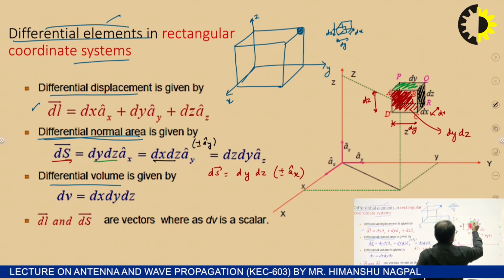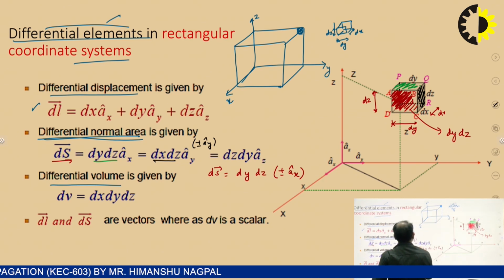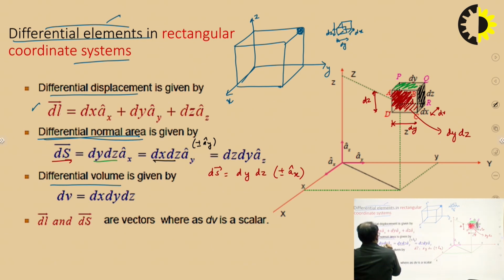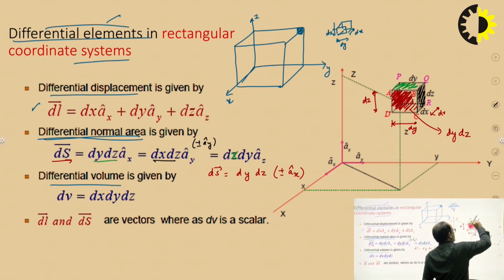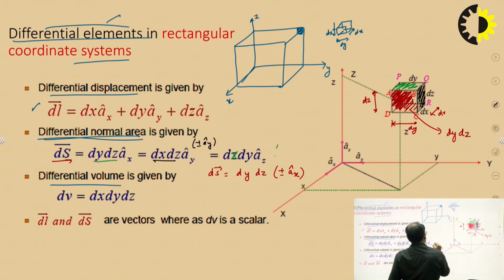This is dy into dx. This is x. dy into dx, and the perpendicular to this plane is plus minus a cap z. Clear?